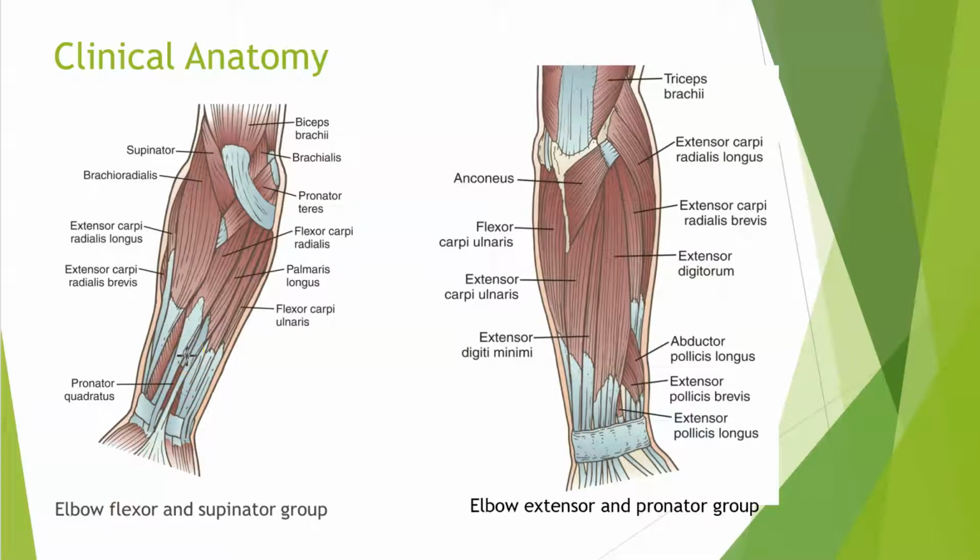Okay, it's bringing the wrist back. Okay, we've got our supinator right here. So that's one of the muscles that's responsible for supinating. And then we've got pronator teres, flexor carpi radialis, palmaris longus, flexor carpi ulnaris.